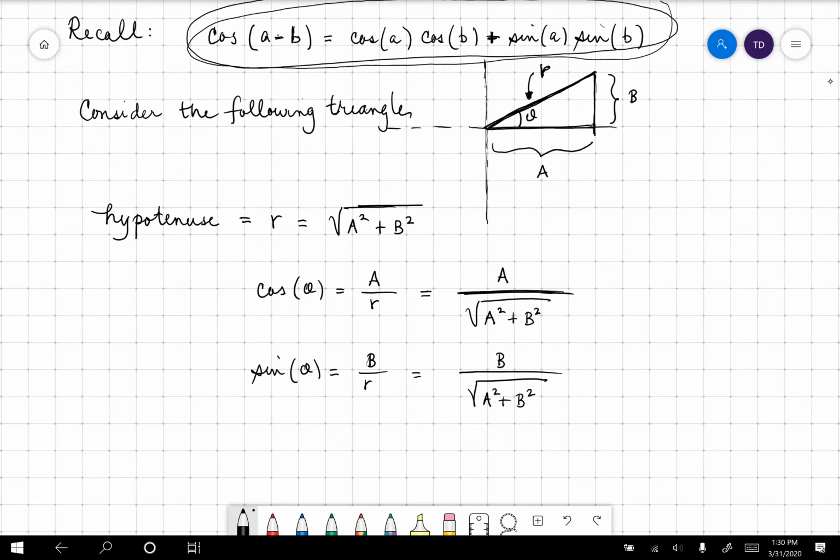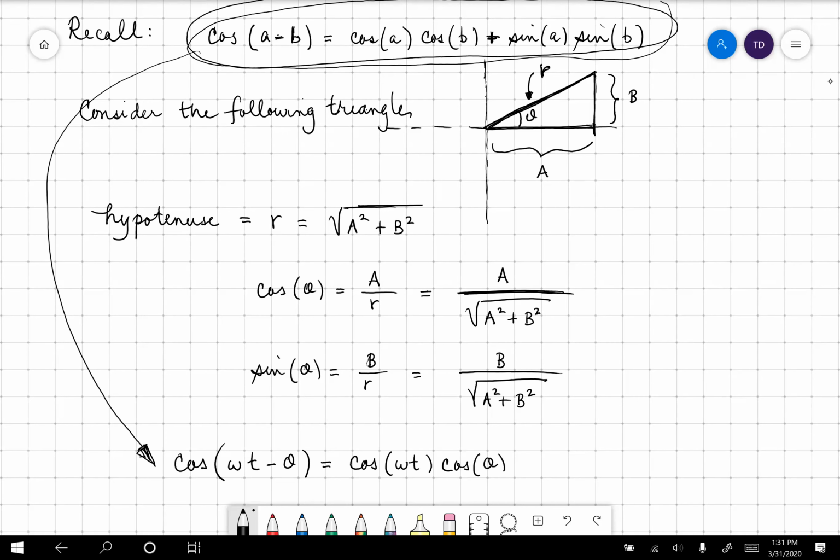So I have cosine of A and B, but now here's what I'm going to change this to. I'm going to rewrite this. It's going to be exactly the same thing. Watch this. Cosine of A, I want A to be omega t. B, I want to be equal to theta. So that's equal to cosine of A is omega t, B is theta, cosine of theta, plus sine of A, that's omega t, sine of B is theta.